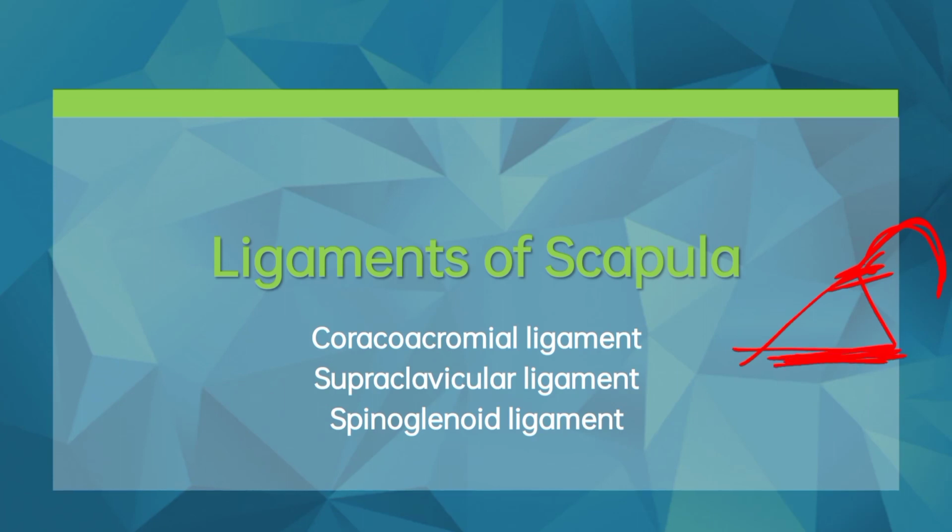The acromion, the coracoacromial ligament and the coracoid process together form the coracoacromial arc. In the previous shoulder joint video, I have already covered this. Kindly check that video. I'll also provide the link in the description below. It is known as the secondary socket of the head of the humerus. It adds to the stability of the joint and protects the head of the humerus.